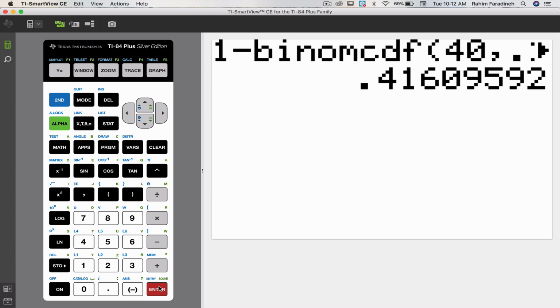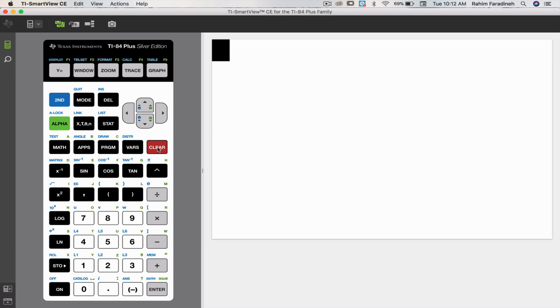Now I want to do binomial CDF minus another binomial CDF. So let's go ahead and clear the screen first. So for the first binomial CDF with n equal to 40, p equal to 0.25, and x equal to 12, I go second vars.